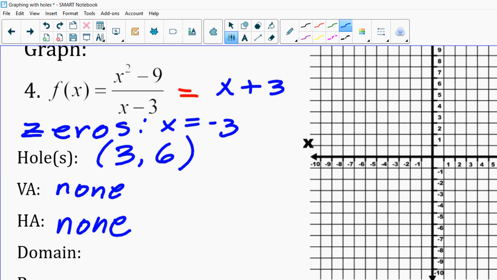Go up there and put yourself a hole at 3, 6. I have a 0 when x is negative 3. And I have a line. What's the minimum number of points you need to draw a line? 2. I have them. I don't have to do anything else. Draw your line. Just don't draw through the hole.